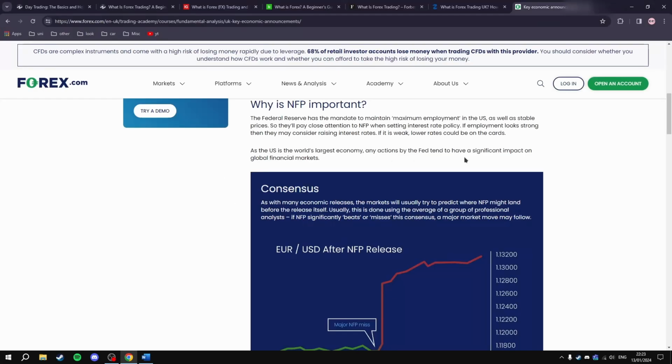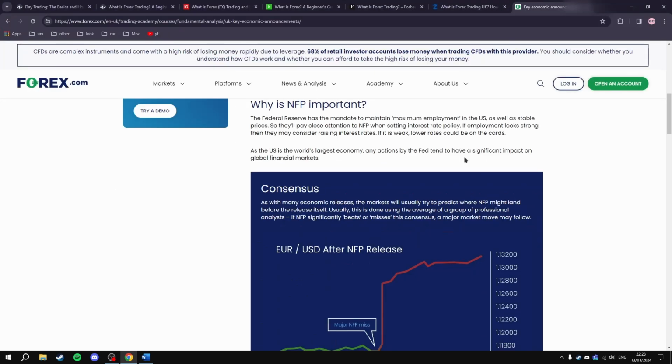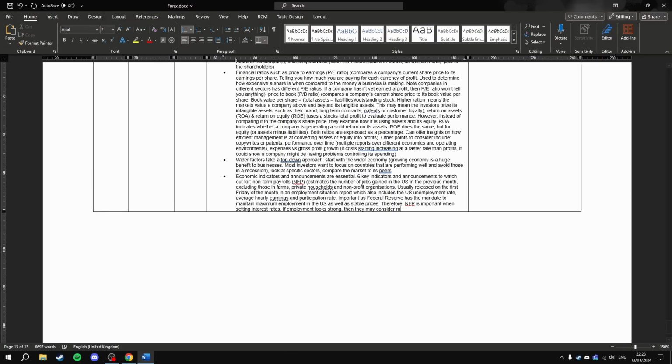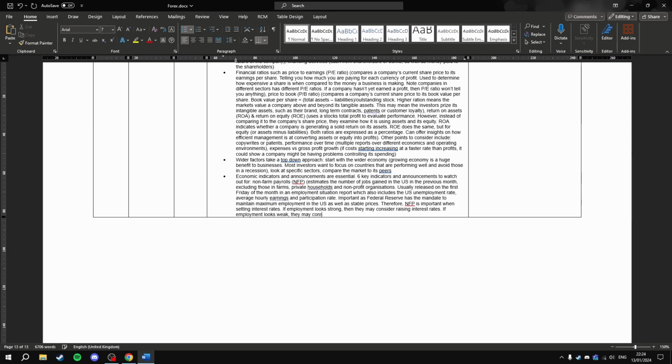If employment looks strong, then they may consider raising interest rates. If employment looks weak, they may consider lowering interest rates.